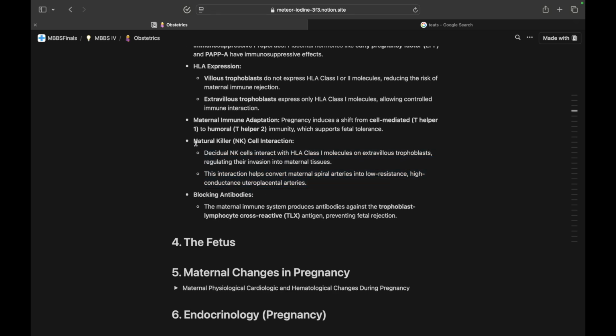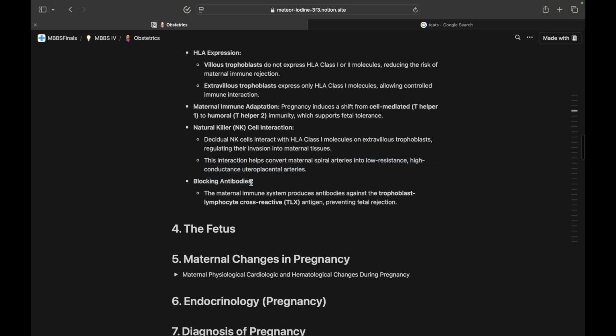So you can see how the immune function of these particular cells helps support the pregnancy altogether. Spiral arteries turn from high resistance into low resistance, high conductance uteroplacental vessels.